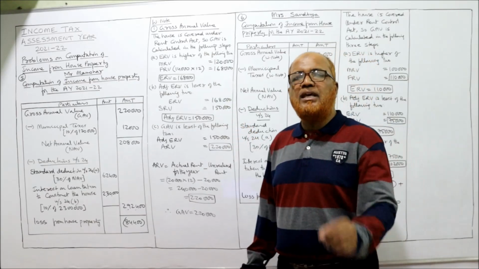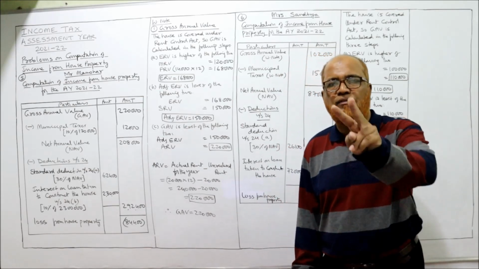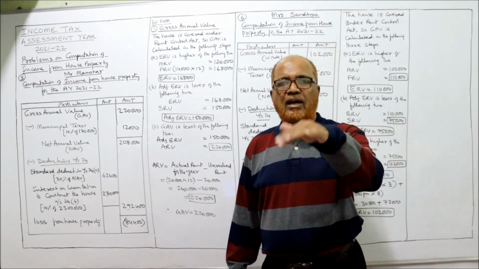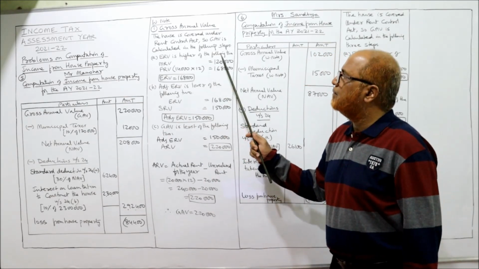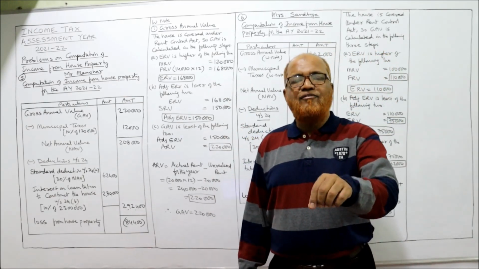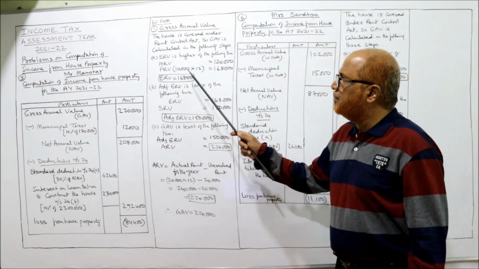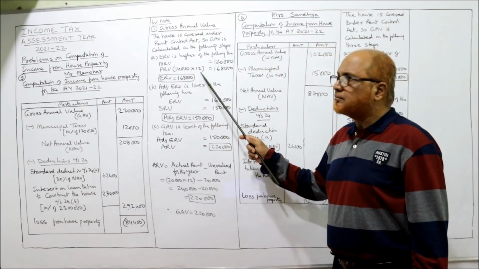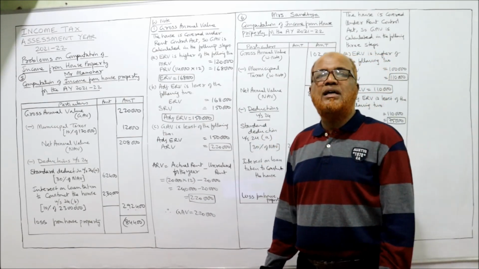First step, ERV, expected rental value, is the higher of the following two: MRV, FRV. MRV is given in the problem, 1,20,000. And FRV, fair rental value, rent of similar building, is given as 14,000 per month into 12, which comes to 1,68,000. Higher of these two is the ERV.